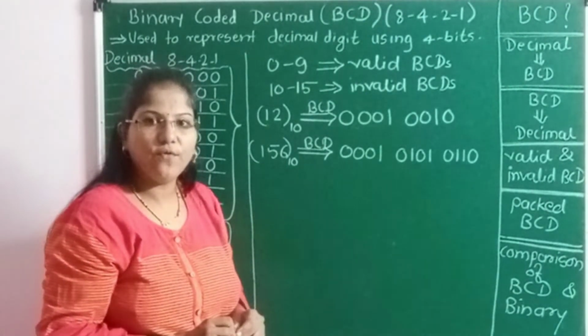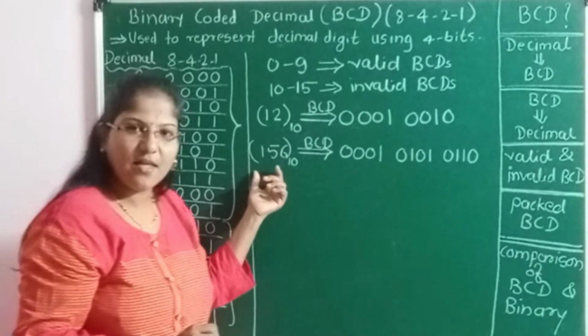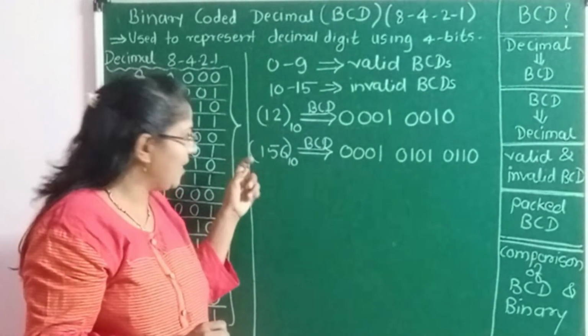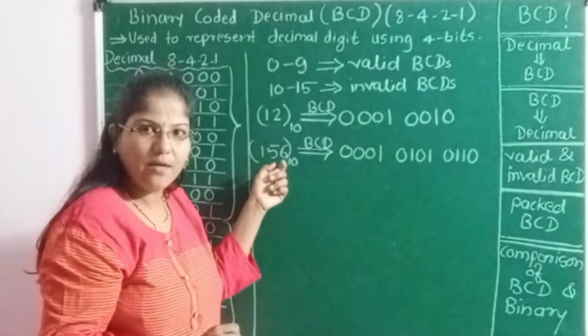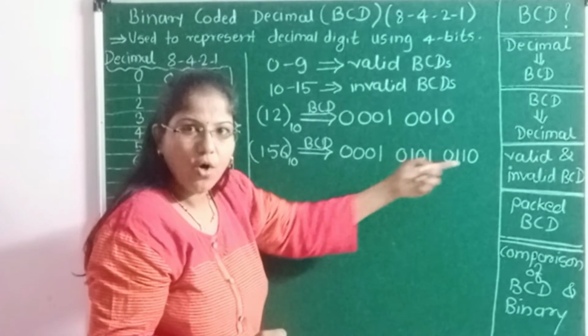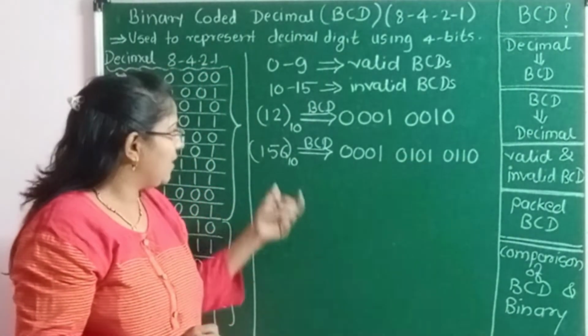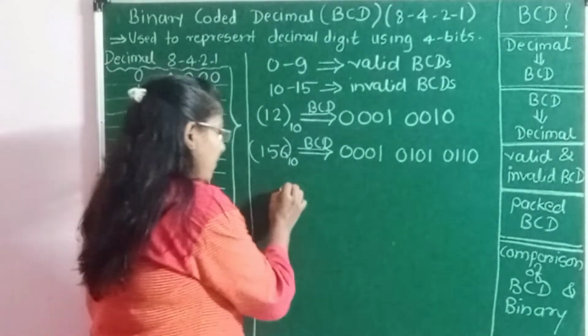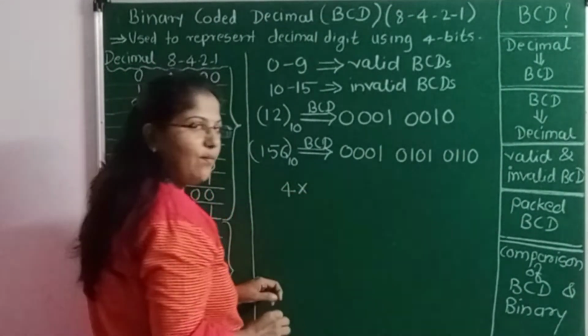So first you have to find out how many digits are there in the given number. Then write the BCD equivalent for each digit given in the decimal number. So the total bits in BCD is equal to 4 multiplied by the number of digits in the decimal number.